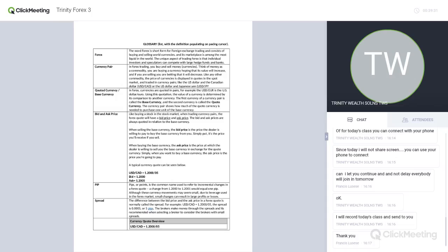So why we need to learn this is, when you're selling, before you click sell, your trade will be filled at the bid price, because it always displays both the bid and ask price. When you're clicking that sell entry to sell your pair, your trade will be filled at the bid price. If you're buying, before you click the buy button, your trade will be filled at the ask price.